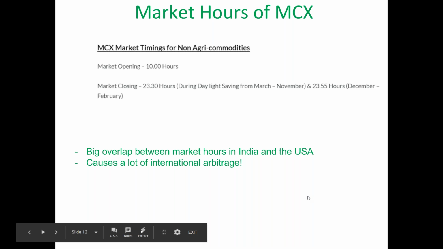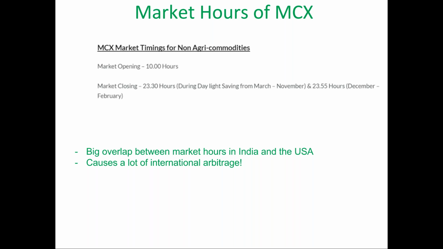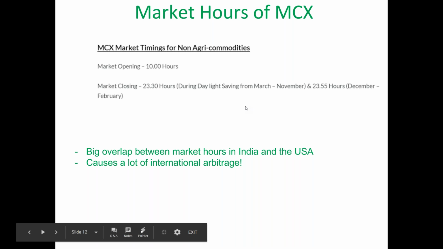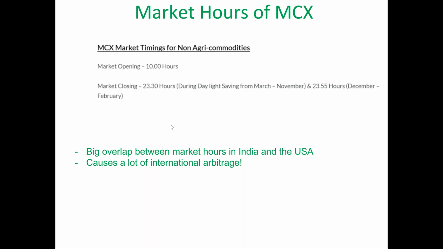So what happens is there's a lot of international arbitrage that gets done. So a lot of commodities trading is also just pure arbitrage, not just within the MCX, on the big contracts and the mini contracts, but also between international exchanges.